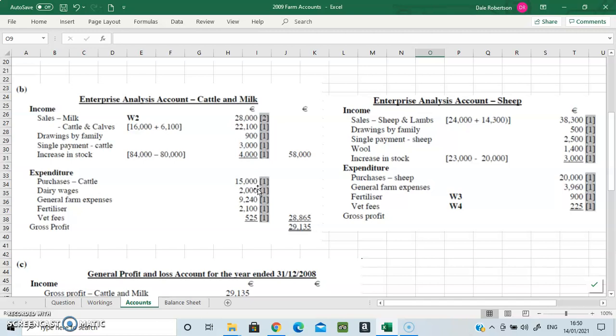You have then your specific dairy wages, which is a specific dairy expense. And then you have these three expenses, which are the 70% related to cattle and 30% relating to sheep. So these 70% items. And when you take that away from that, you get a profit of 29,135.